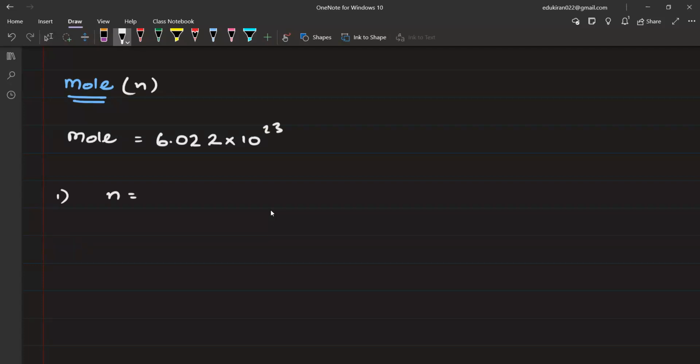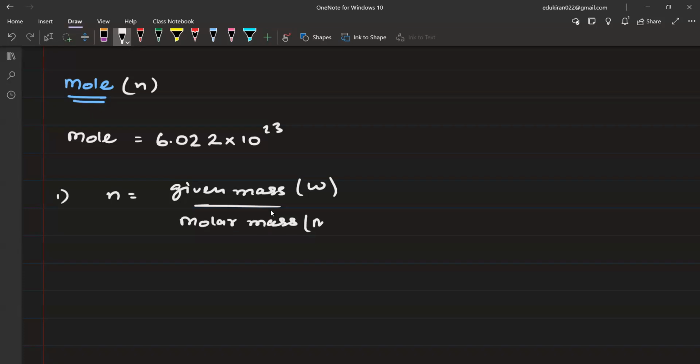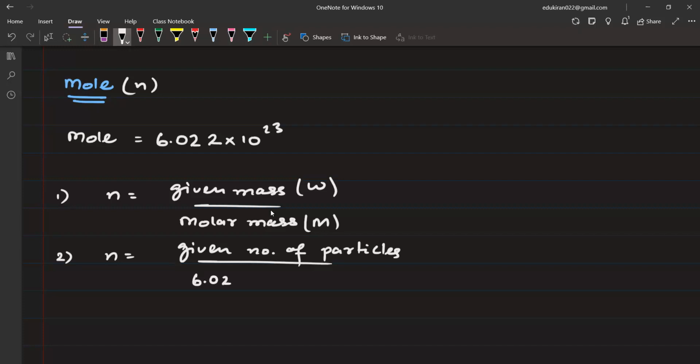So number of moles n is equal to the given mass divided by molar mass. We generally represent given mass by W, and we generally represent molar mass by M. Second formula, which you are not generally going to use: number of moles is equal to given number of particles divided by 6.022 into 10 to the power 23.